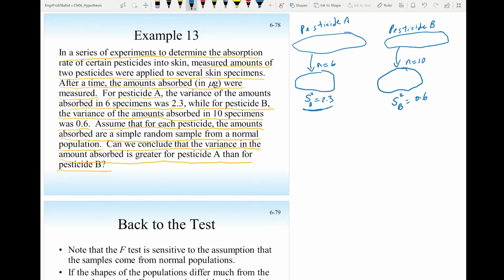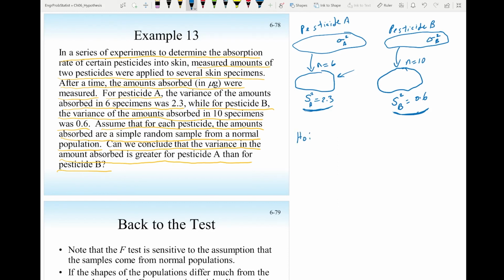Well, the evidence from the sample shows that the variance of sample A is larger than B. But can this be due to a coincidence, due to randomness in the sample, or is the variance of A larger than the variance of B because pesticide A is absorbed more in the skin than pesticide B? So we are trying to figure out if this variance A is larger than the variance B. Well, we will set the null hypothesis as follows.